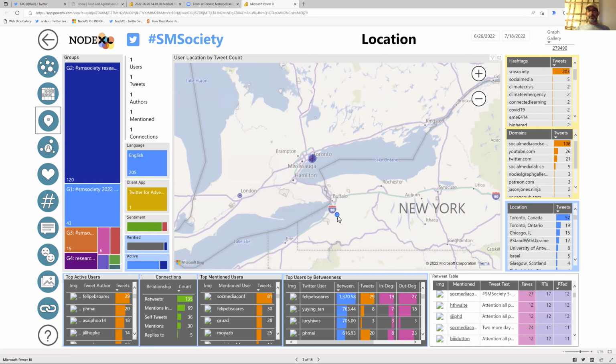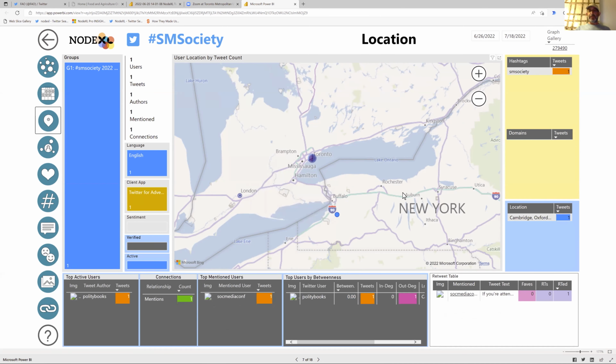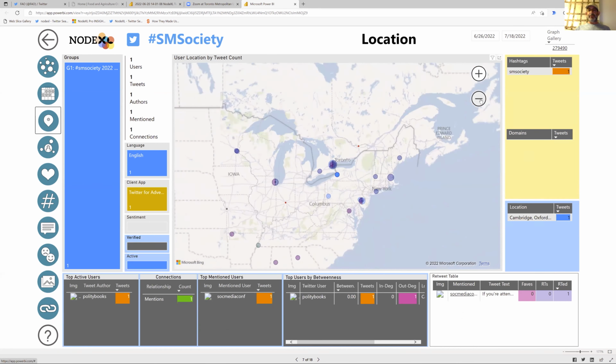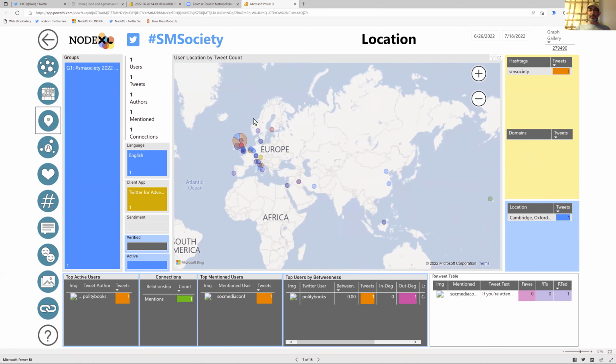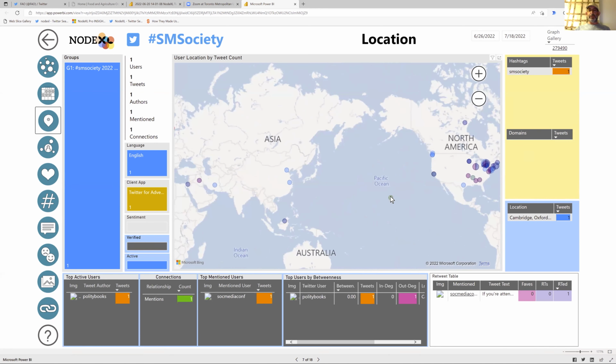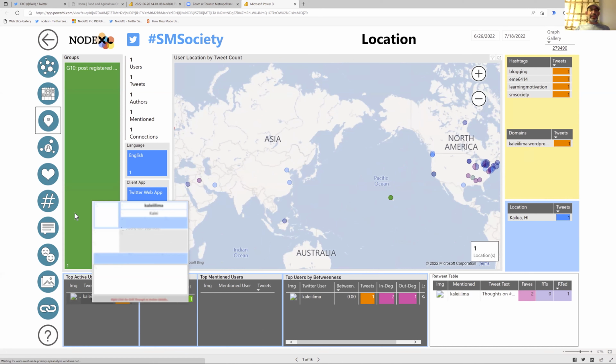So just by clicking on the location, we might have some theories about how there is geographic variation in our hashtag. You could zoom out and scroll over here and see who are those people who are lucky to be in Hawaii, it looks like right now. And that's this person.